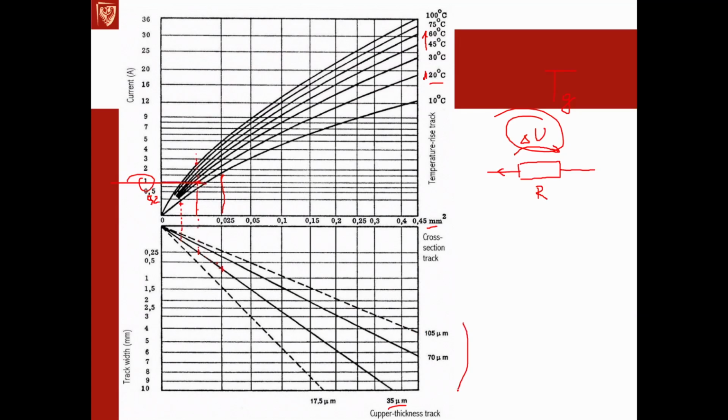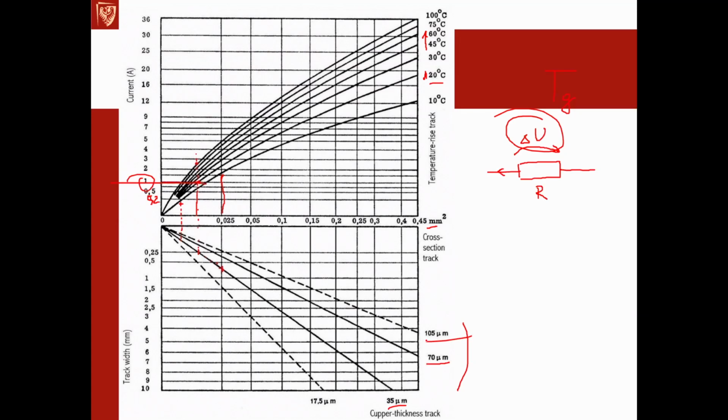Of course, we can see from this chart that if you really need high current flowing through a track, then you should consider copper with higher thickness. So instead of 35 microns copper, you should get to 70 or 105 microns.